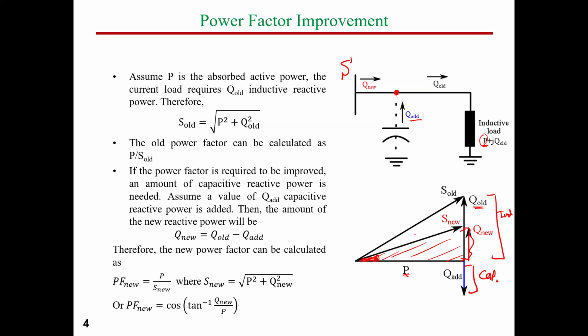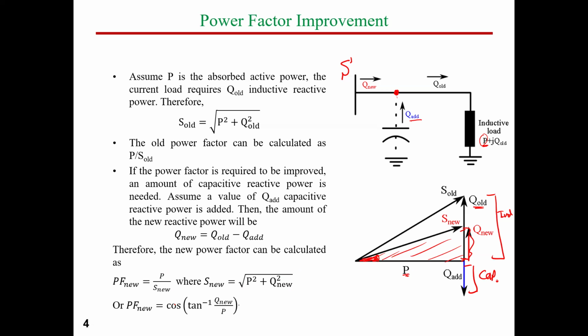It's nothing but a triangle. So we can say the power factor new equals P divided by S new, and S new equals square root of P squared plus Q new squared.